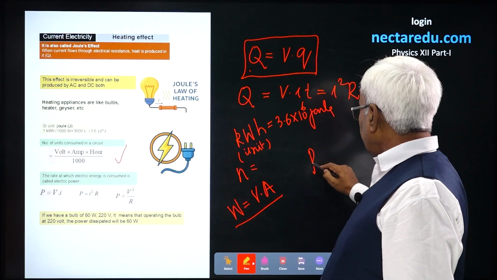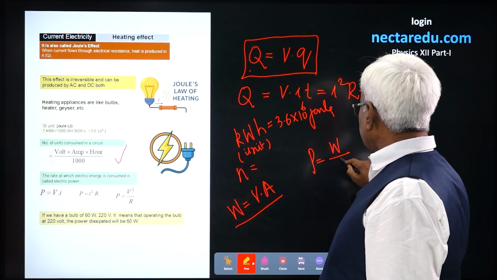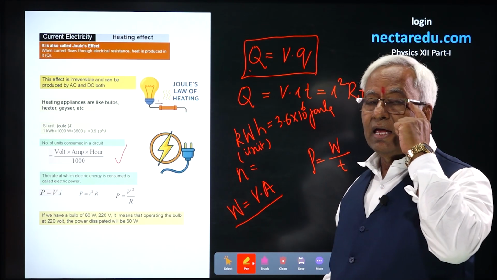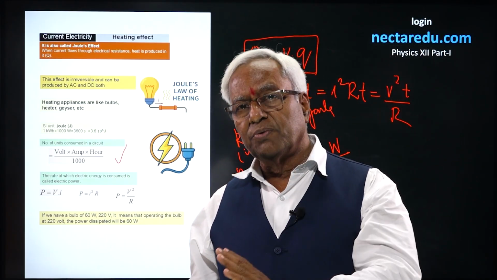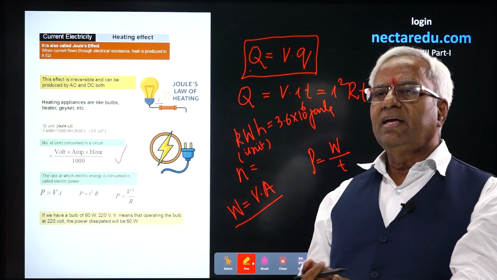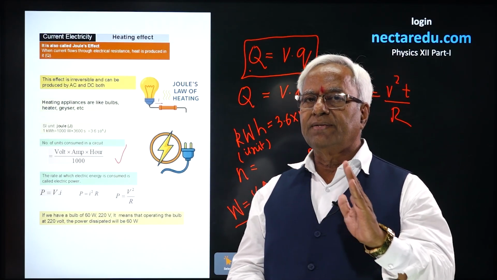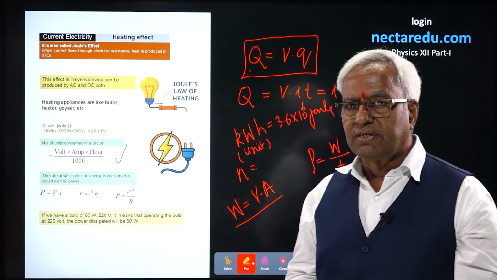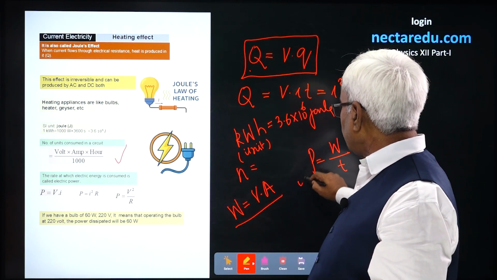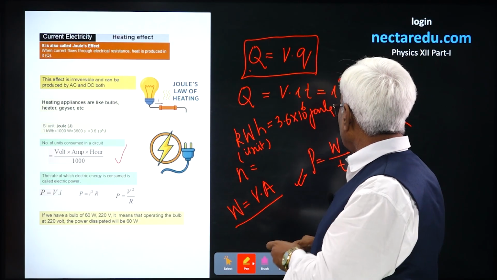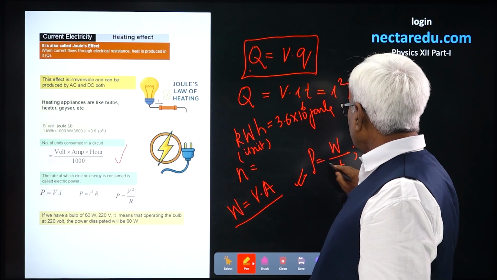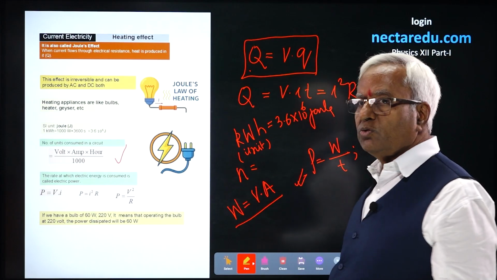Now, power, you know, is the rate of work being done. Here, the amount of heat produced per unit time, or you might say the electrical energy consumed by the appliance per unit time, that will be known as power. For power, you have the unit watt, and watt into second is joule.